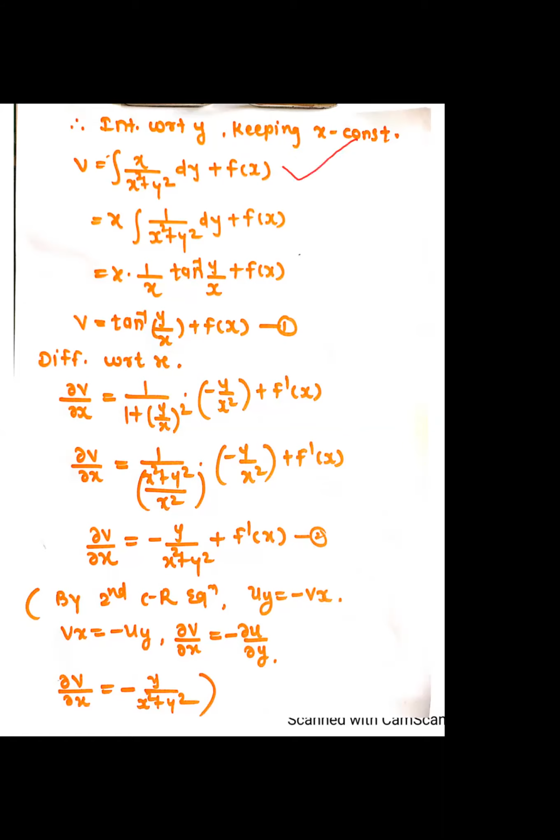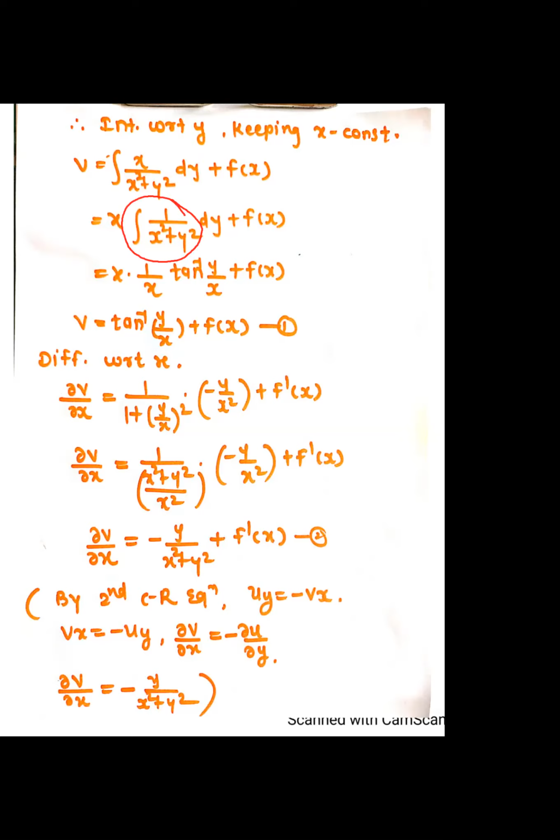Now for the integration, see, with respect to y we are integrating. So x is a constant, so that x we will write outside the integral, and the remaining term is the integration of 1 upon x square plus y square dy.